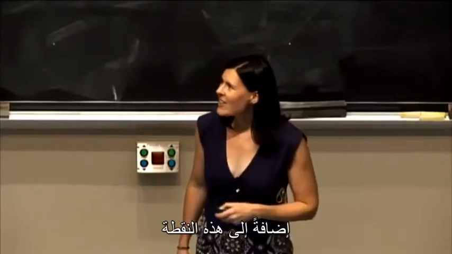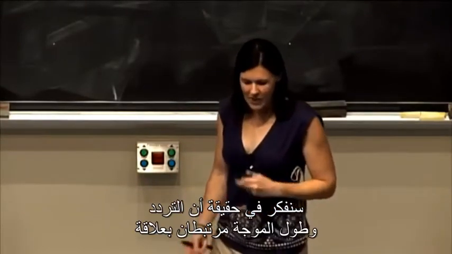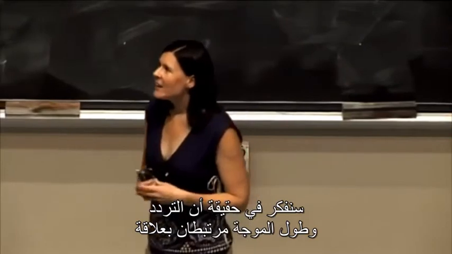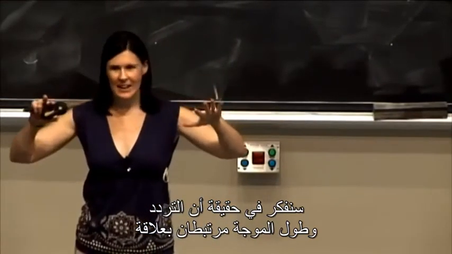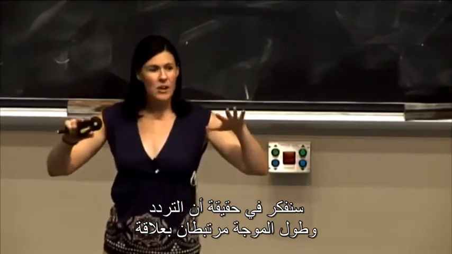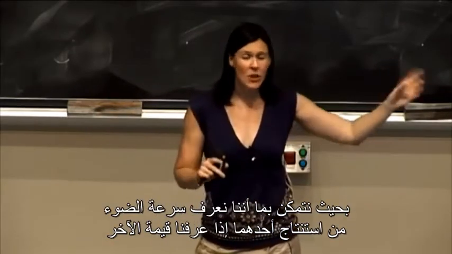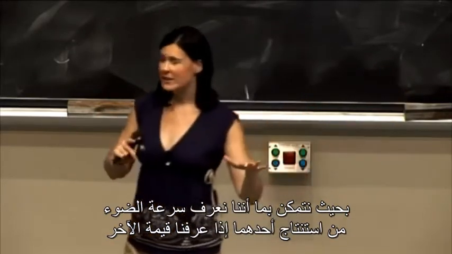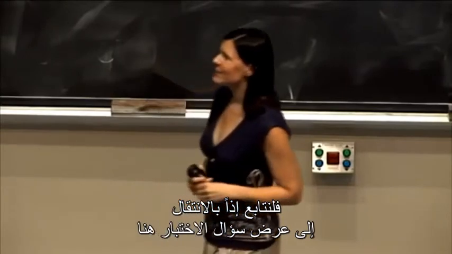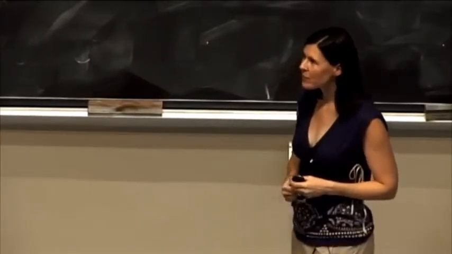But other than that point, we can also think about the fact that frequency and wavelength are related in a way that now, since we know the speed of light, if we know one, we can tell the other. So you can go ahead and switch us to our clicker question here.